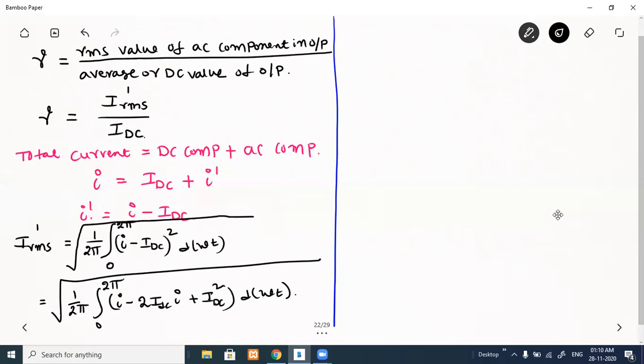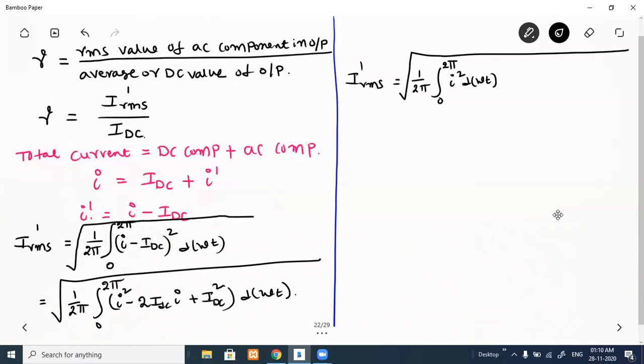Then this I_RMS dash is equal to, then expand. The first term is I square: 1 by 2 pi integral 0 to 2 pi I square d omega t. That is the first term.